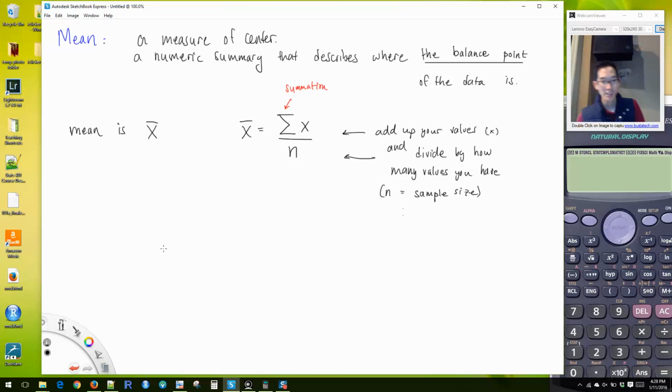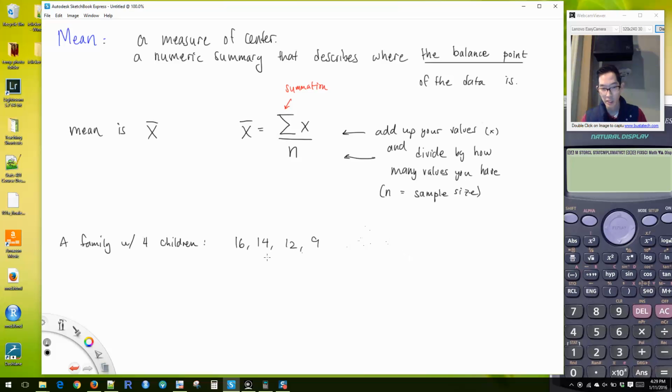Here's several numbers. Let's just imagine a family with 4 children, and the ages are, what are the ages of these kids? We have a 16-year-old, 14-year-old, 12-year-old, and a 9-year-old, okay?